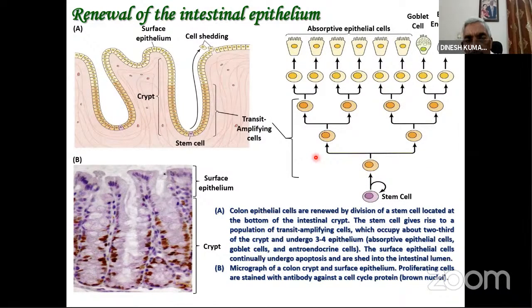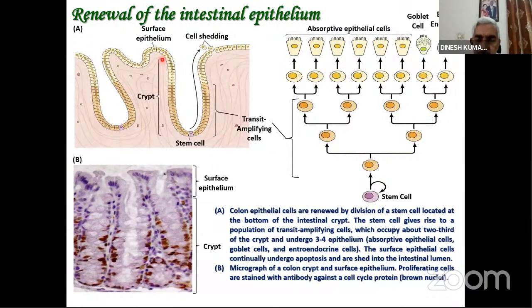Now these transit amplifying cells, in 2 to 3 layers, after that form absorptive epithelial cells as well as goblet and enteroendocrine cells. So in this way, the stem cell continuously maintains the epithelial intestinal wall structure by making several cells in place of removed epithelial cells.